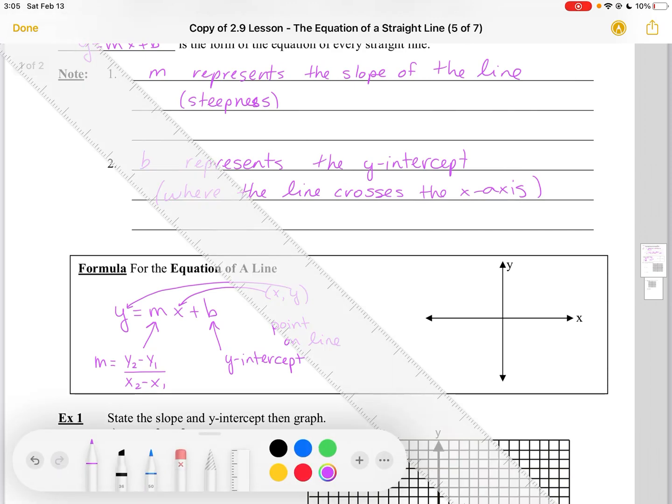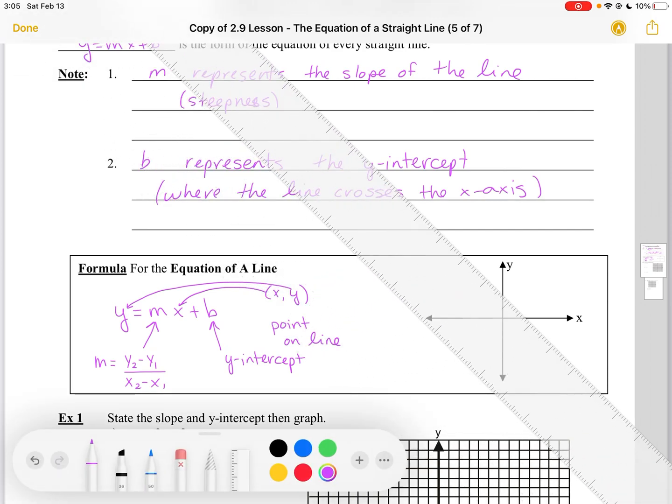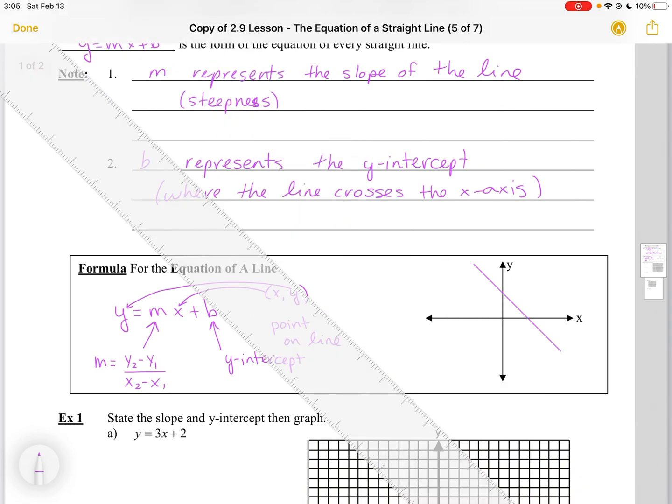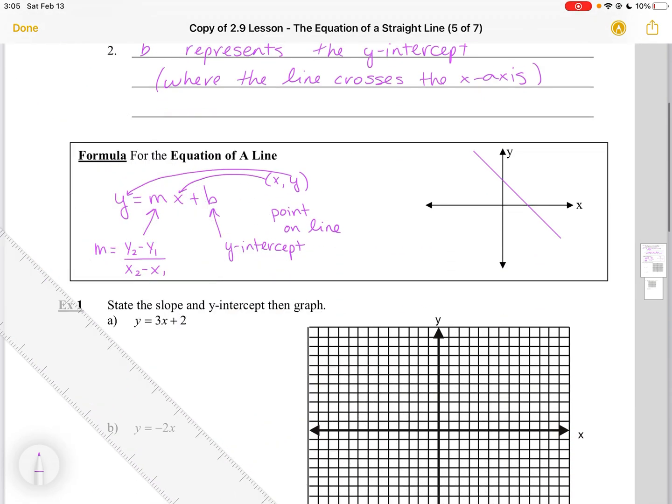So on a graph, if I draw a line just right here, using my arrows, I have this point right here. This represents my y-intercept, or my b.